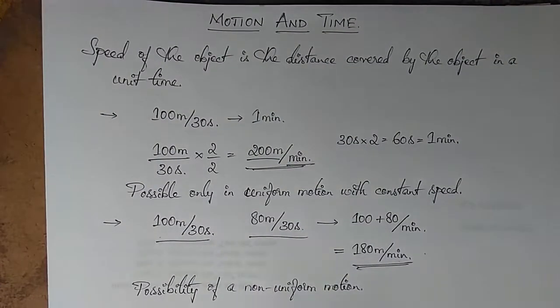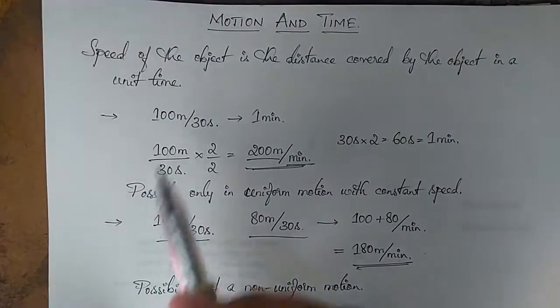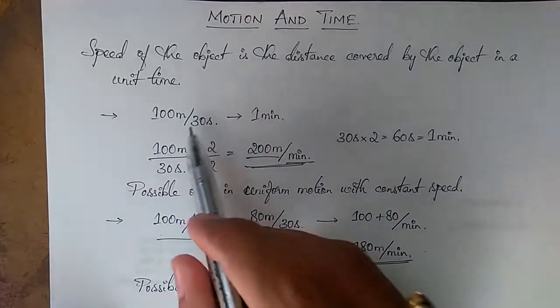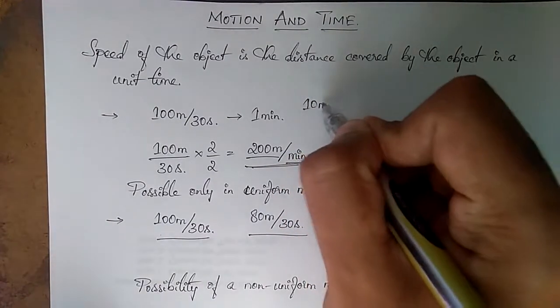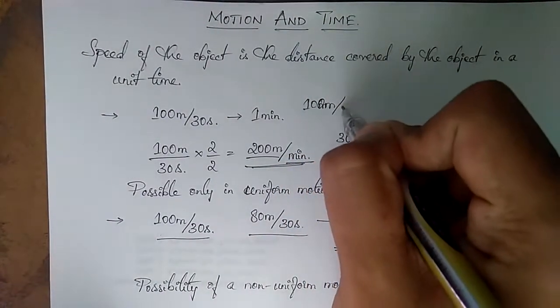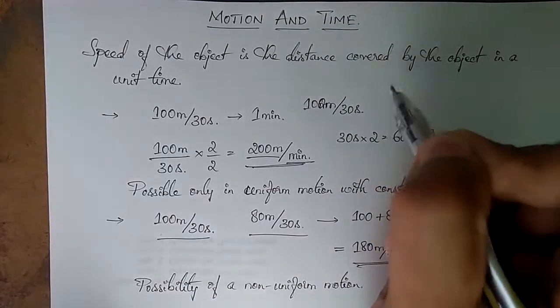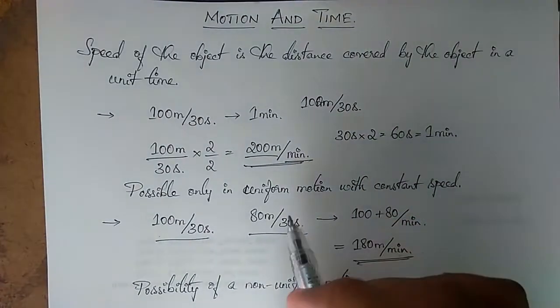In the first case, we observed the same speed, that is 100 meters per 30 seconds, and another 100 meters per 30 seconds in both the halves of the 1 minute race.